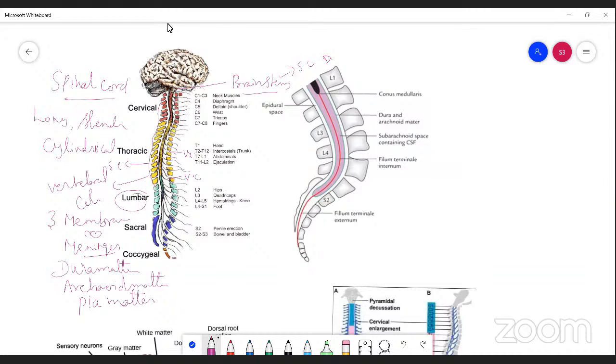The lumbar vertebrae are present in the hip region. So the spinal cord extends from the brainstem into the vertebral canal, up to the first and second lumbar vertebrae.